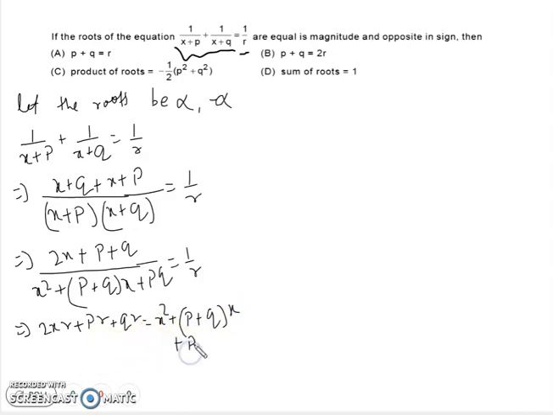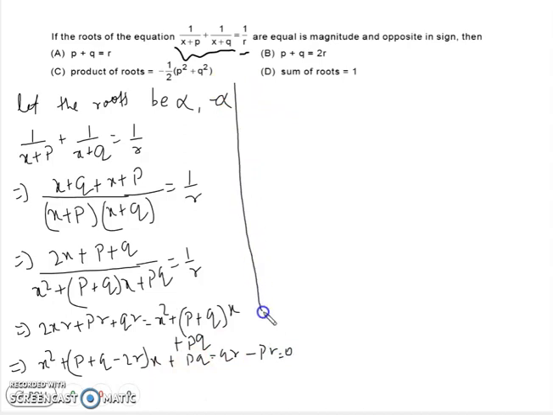Plus pq. And after sending all these terms to the RHS, we can write x square plus p plus q minus 2r into x plus pq minus qr minus pr is equal to 0, right?